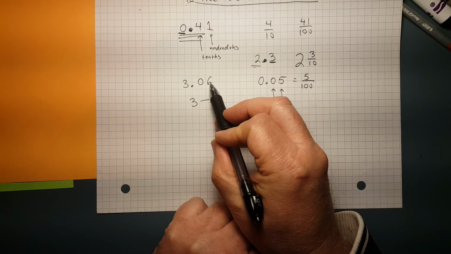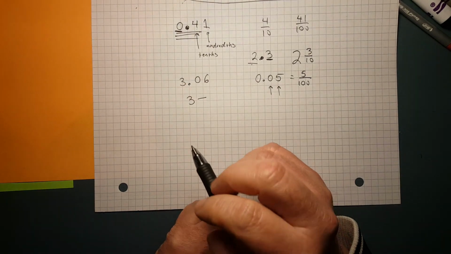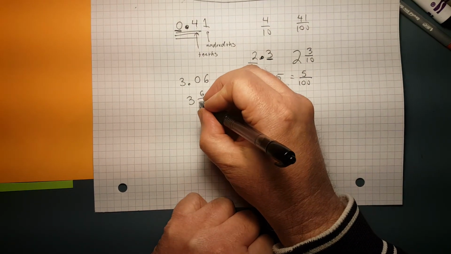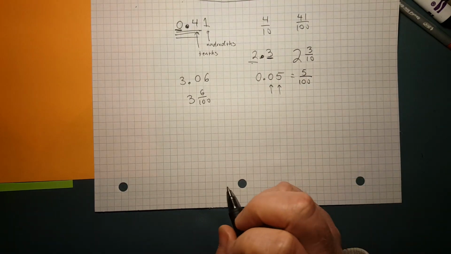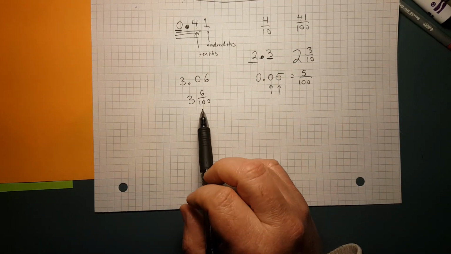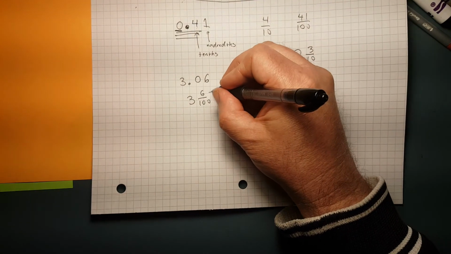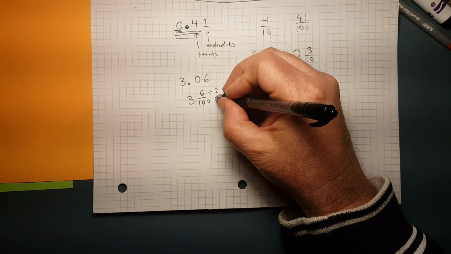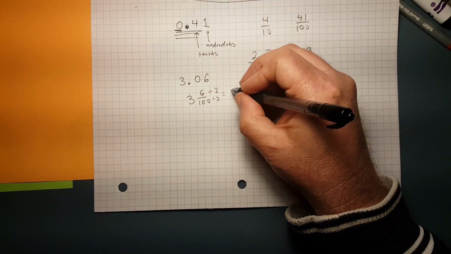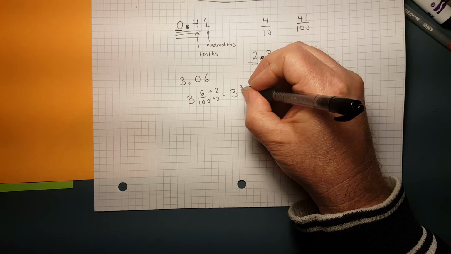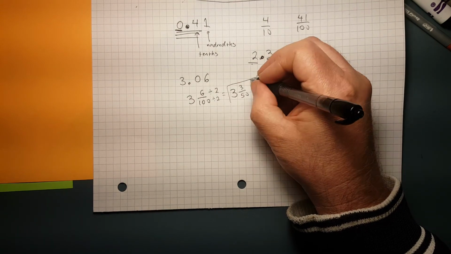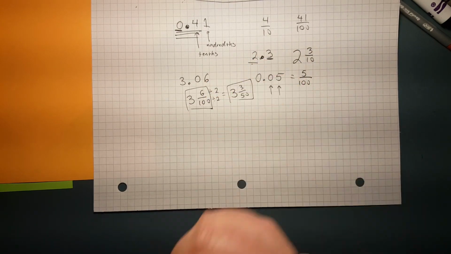This is a 6 in the hundredths place. 3 and 6 hundredths. Now the IXL won't make you reduce, but of course it's always a good idea to reduce. These can both be divided by 2. And you get 3 and 3/50ths. But the IXL will accept that as an answer too.